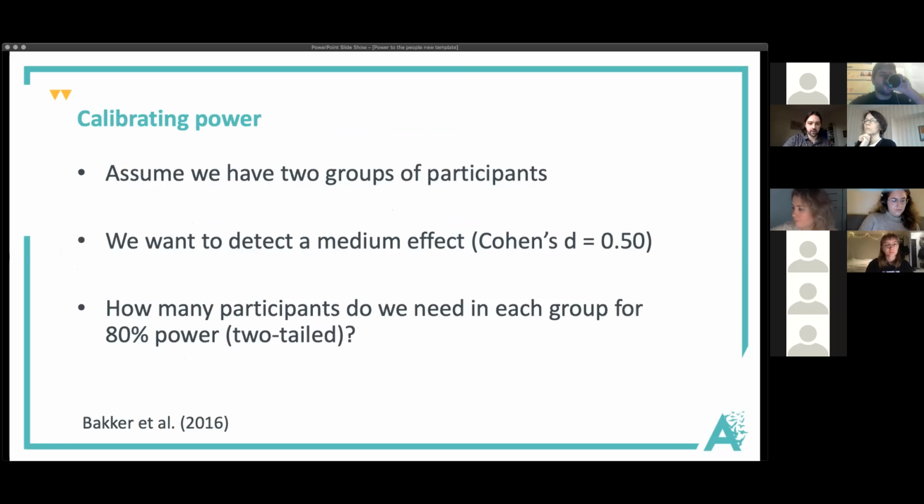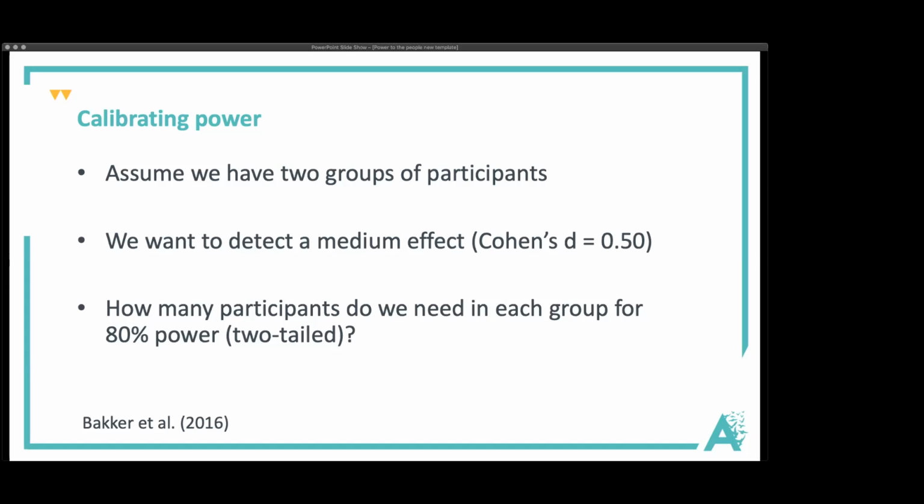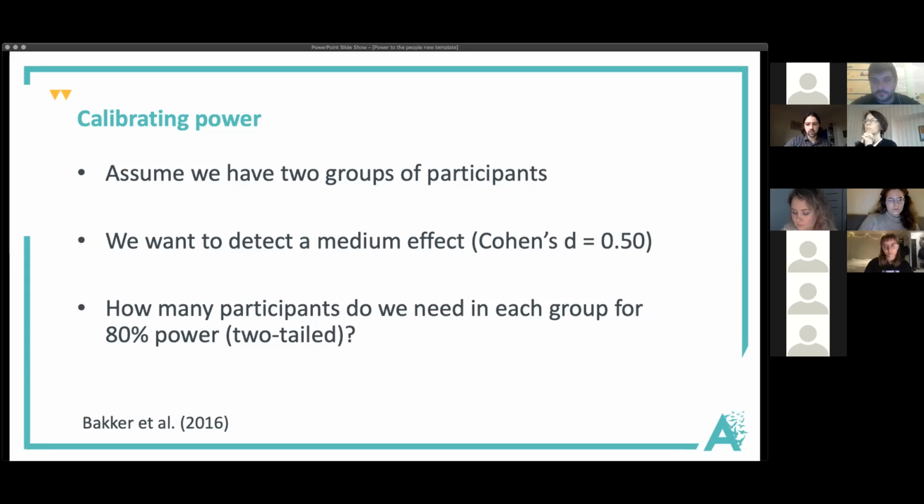One of the things I would like you to do, depending on whether you've made your way through the slides over the weekend or not, is an informative exercise to calibrate our idea of what a good sense of power is. One of the studies in the reference list did a really cool experiment where they told people: assuming this effect size, how many participants would you need?